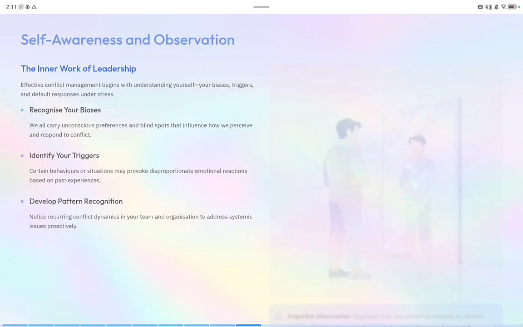Identify your triggers. Certain behaviors or situations may provoke emotional reactions based on past experiences. So sometimes what happens is, we have a certain past experience, and because of which we suddenly react in a very inappropriate way, and in a very disproportionate way also, to an issue that happens, which could trigger a past remembrance but is not the past.